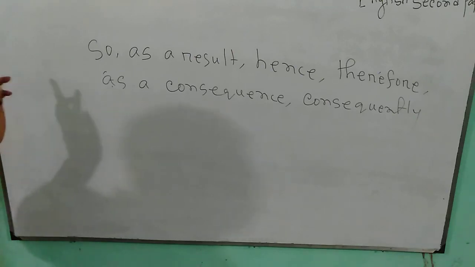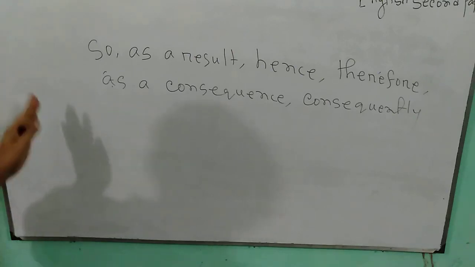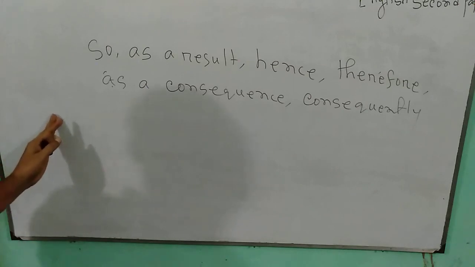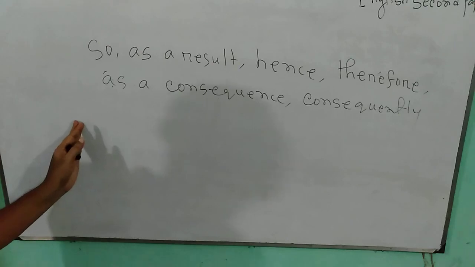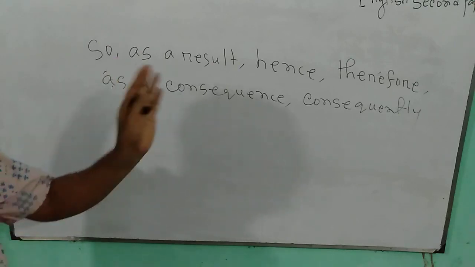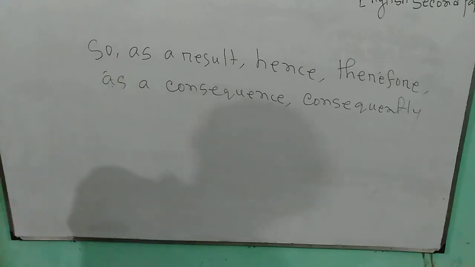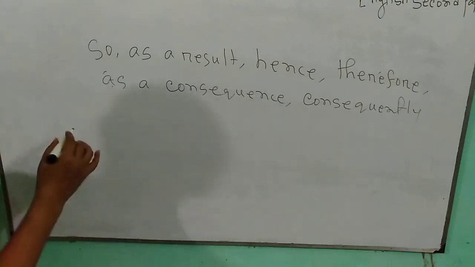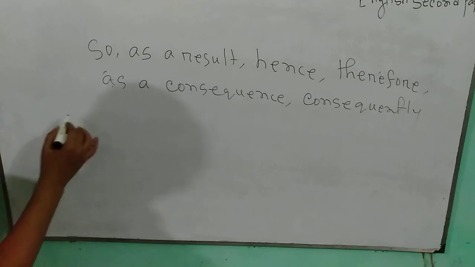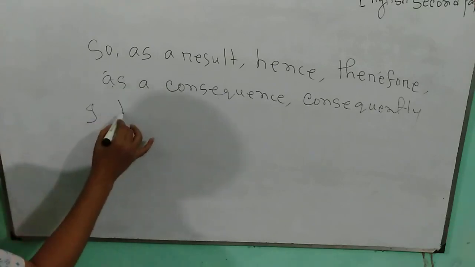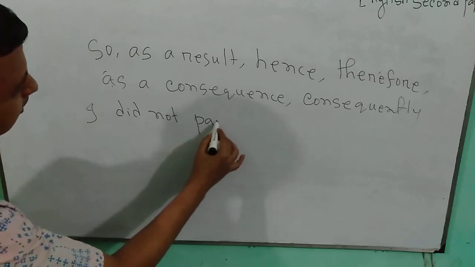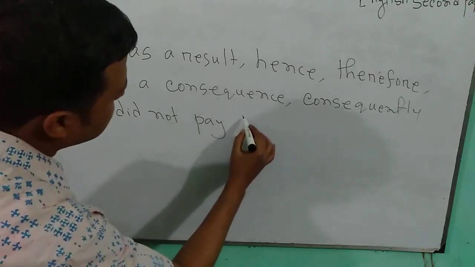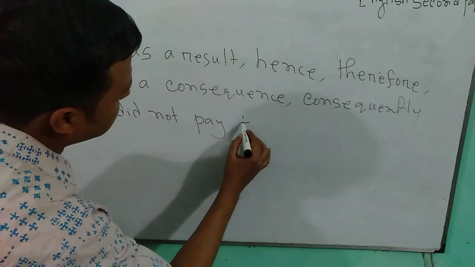When the sense of the previous sentence expresses cause or an action and a result happens in the second sentence, we will use so, as a result, hence, therefore. As for example, I did not pay electric bill.